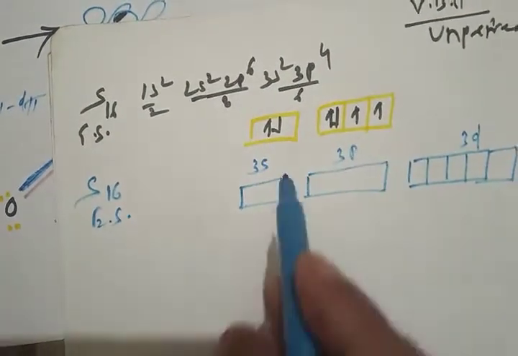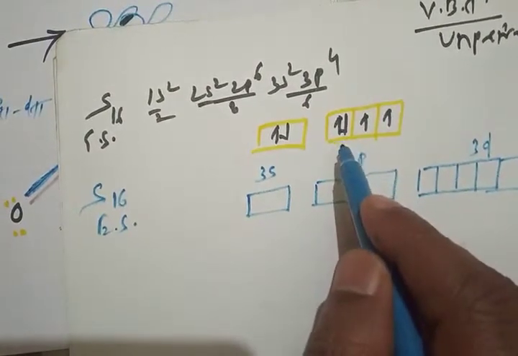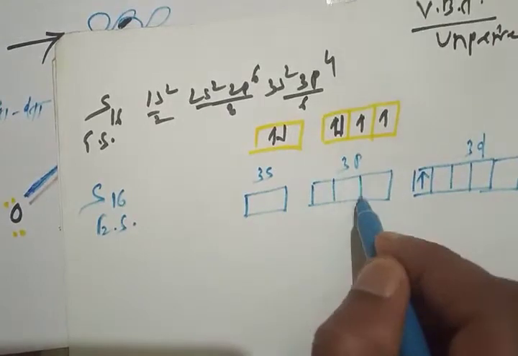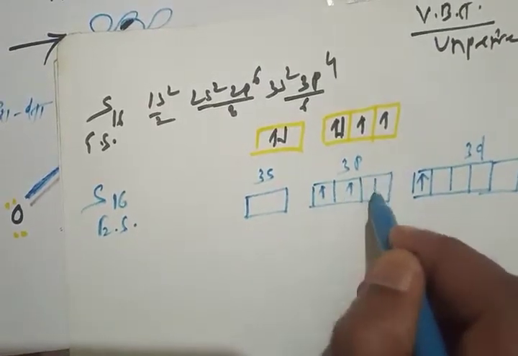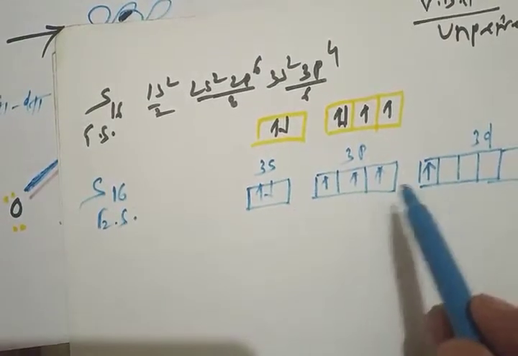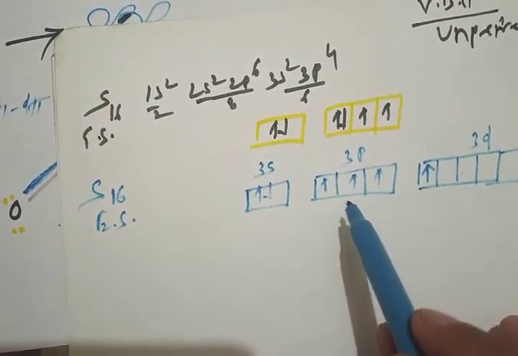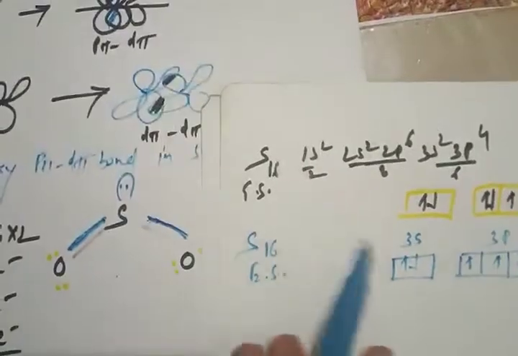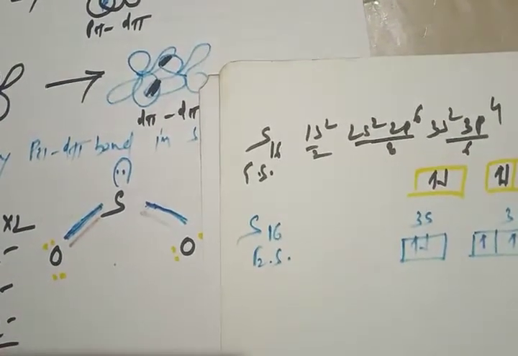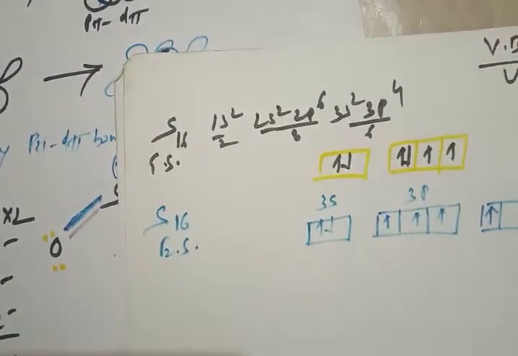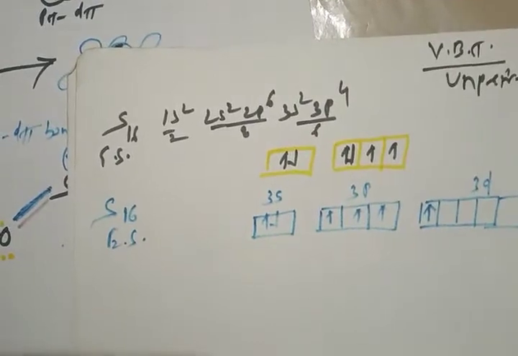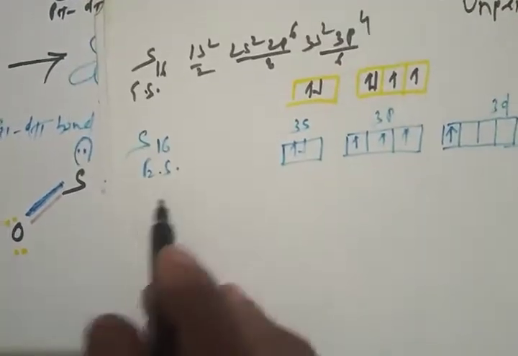One electron from the p orbital will jump into the d orbital. So now we have 4 unpaired electrons, and these 4 unpaired electrons are now capable of forming 4 bonds, 1, 2, 3 and 4. So this is the excited state electronic configuration of sulfur.